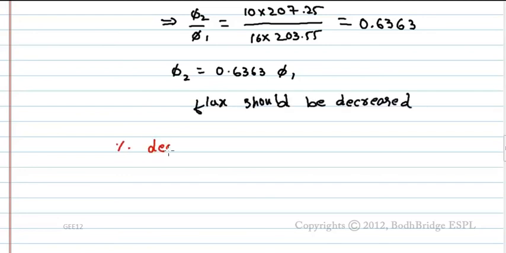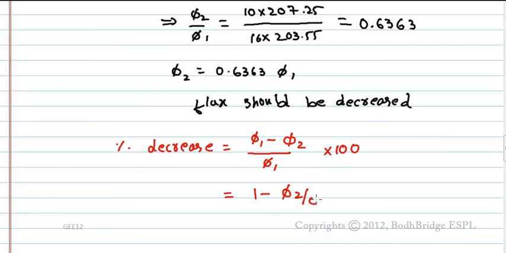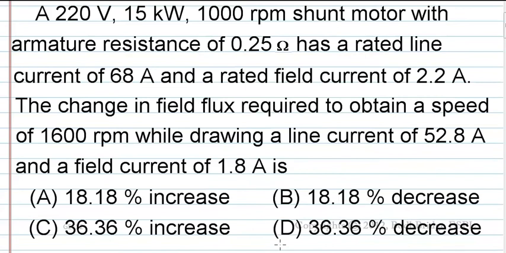Percentage decrease equals phi1 minus phi2 by phi1 into 100, which equals 1 minus phi2 by phi1 into 100, which is 1 minus 0.6363 into 100, equals 36.36%. So, the change in field flux required is option D, 36.36% decrease.